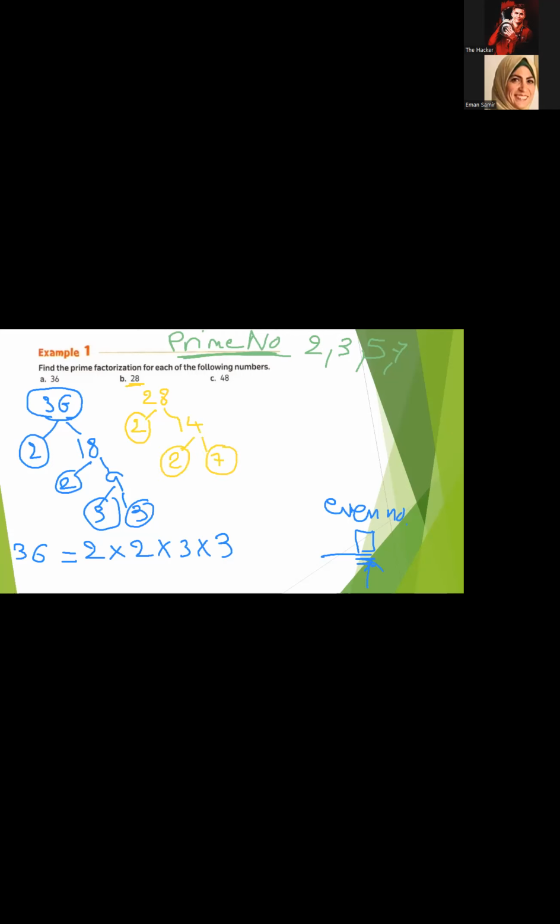We will stop here because 7 is a prime number, 2 is a prime number, and 2 is a prime number. So those are the prime factors of 28. Let's write out the factorization line. It will be 28 equals 2 times 2 times 7.